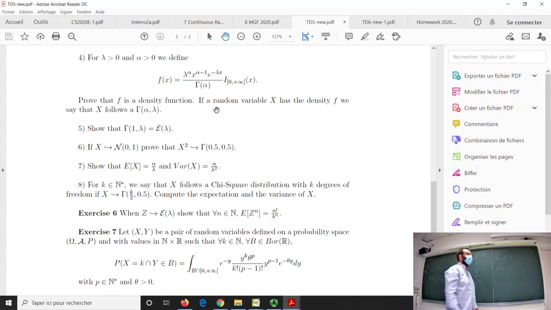And I want you to prove that it is equal to n factorial over lambda to the power n, for n belonging to N. Okay? Try to do it by yourself. Of course, for n equal to 1, we recover the fact that the expectation of the exponential is 1 over lambda.